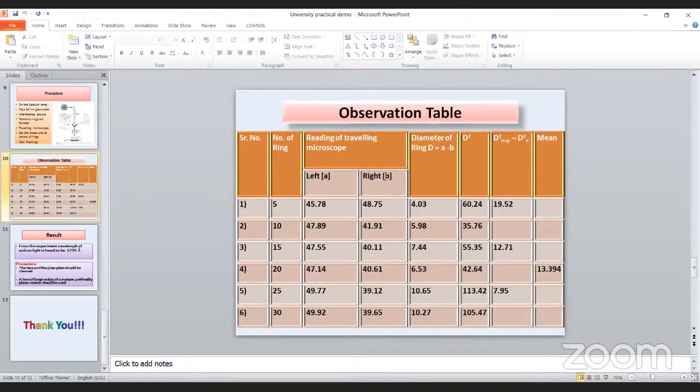Then the diameter of the ring, then the diameter square, then (n+p) square minus n square, and then the mean value, and then measuring the radius of curvature, we put all these values in the formula, which is lambda equals (dn+p square minus dn square) upon 4pR nanometer. Then we get the wavelength of monochromatic light. This is the observation table.